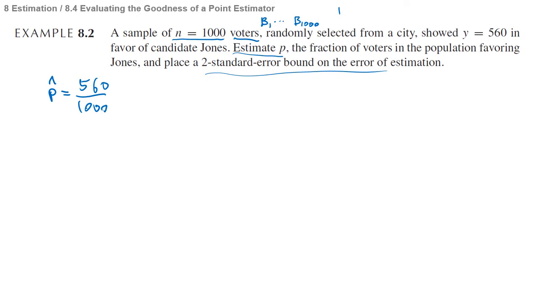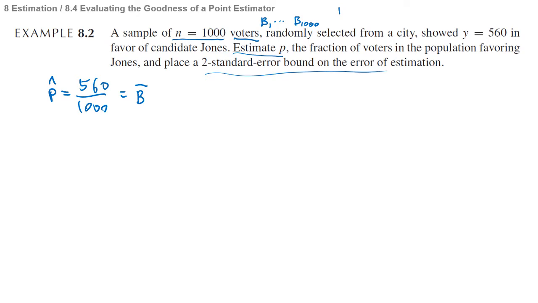And the next question is to place a two standard error bound on the error of estimation. To provide the two standard error bound, we should check the distribution of p hat, and actually p hat is b bar.